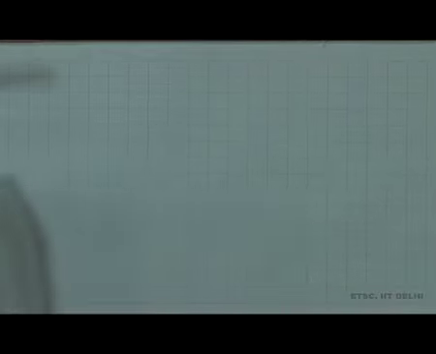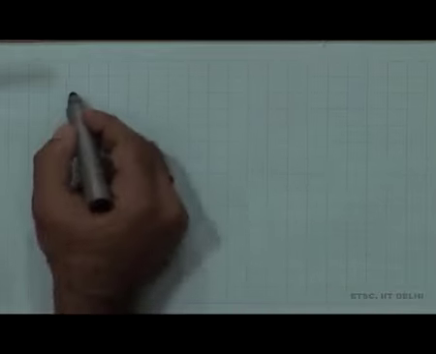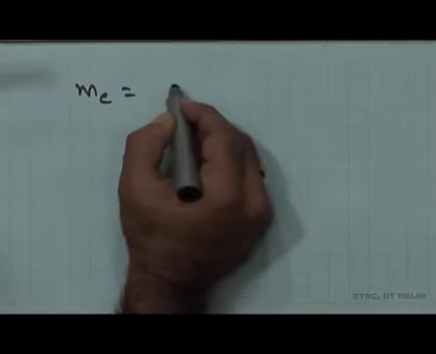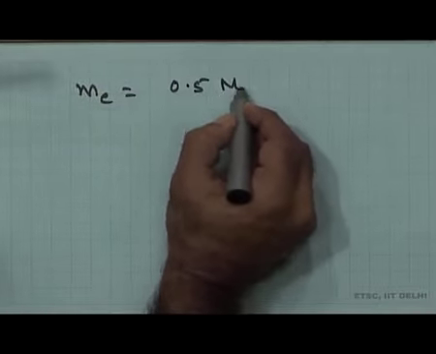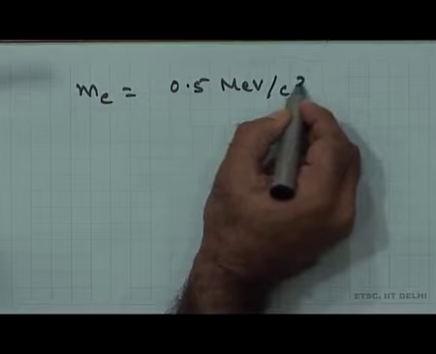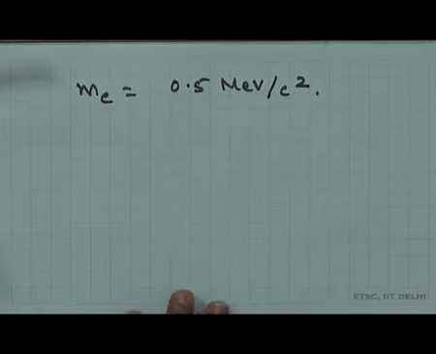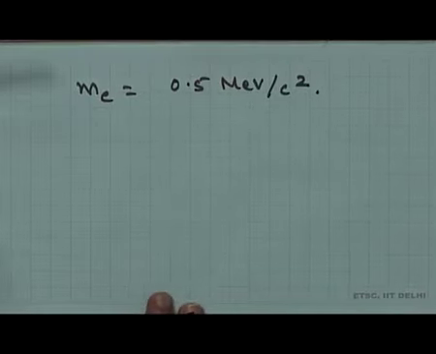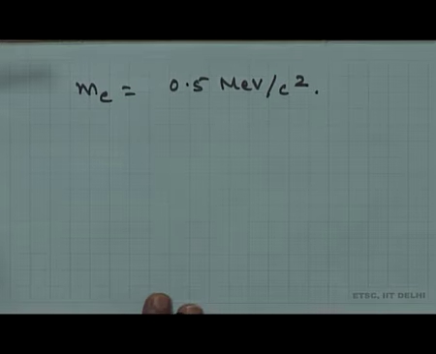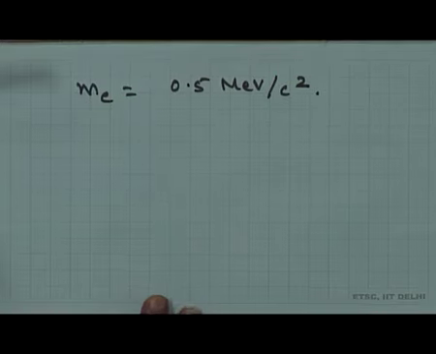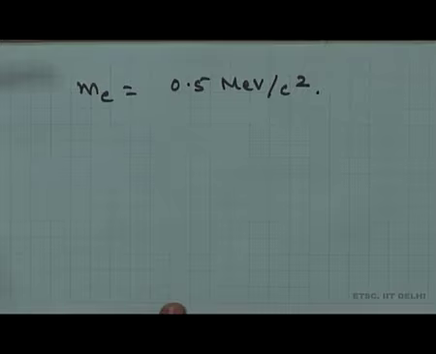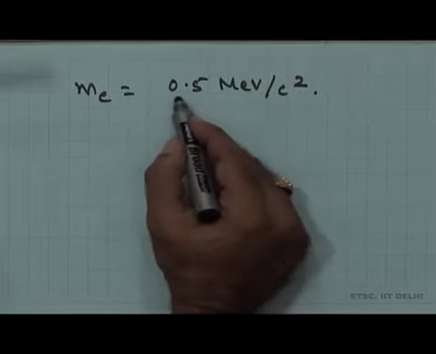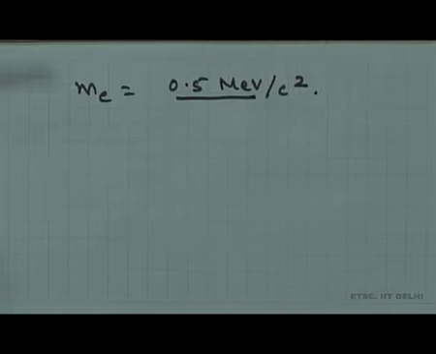Now, if you look at some numbers, mass of the electron is 0.5 MeV by c squared. When we do atomic physics, it is not convenient to use SI units, it is convenient to use atomic units and the relevant ones. So, it is good to use 0.5 MeV by c squared.